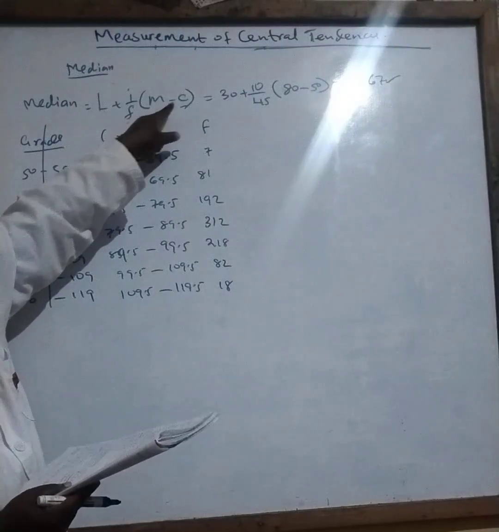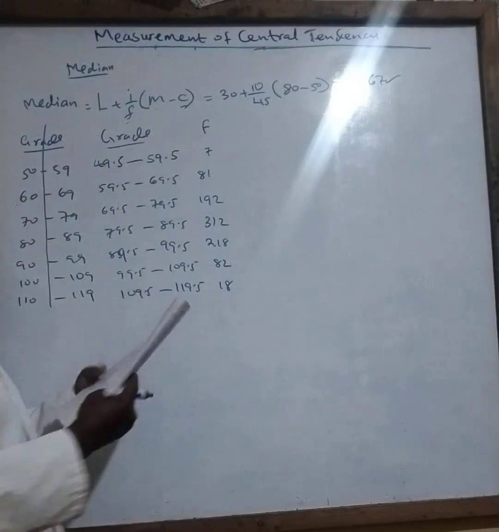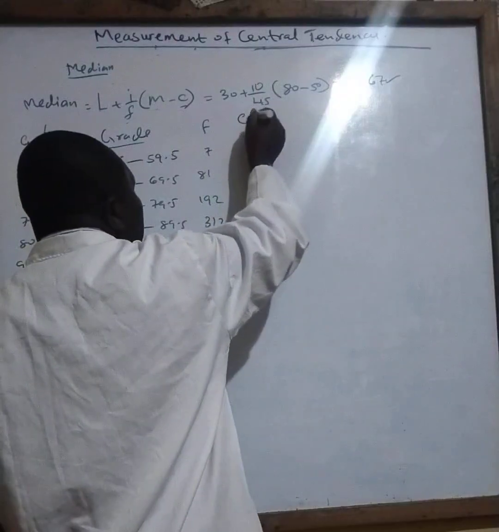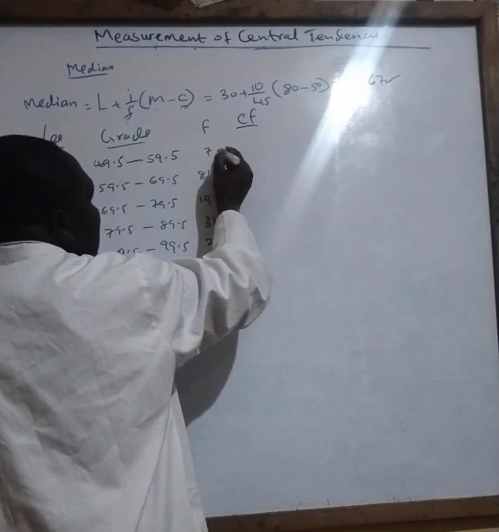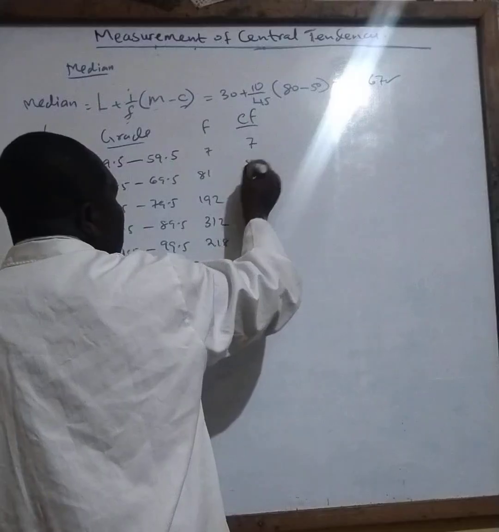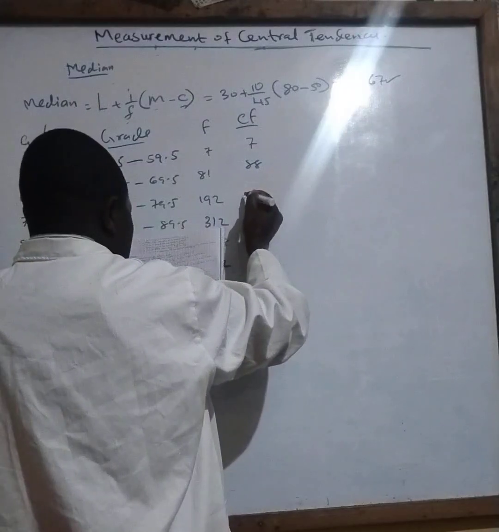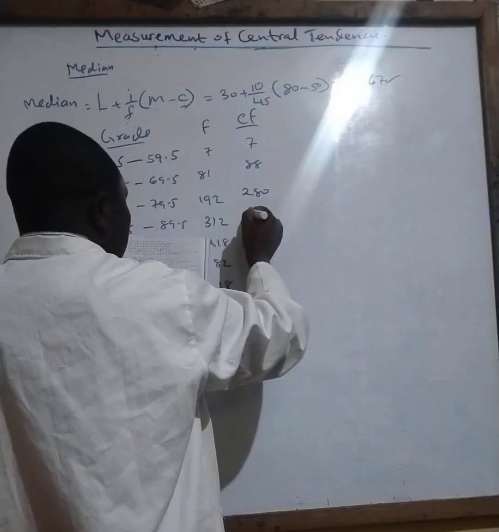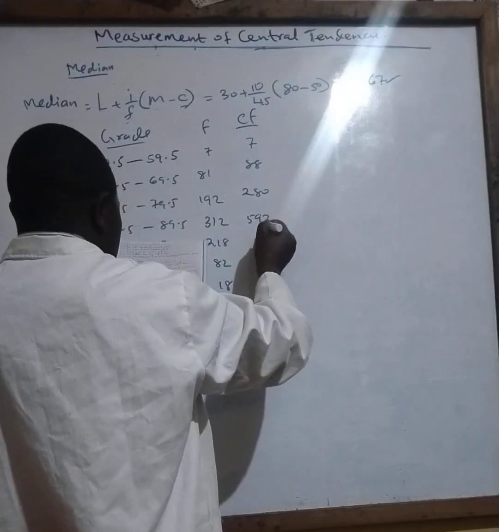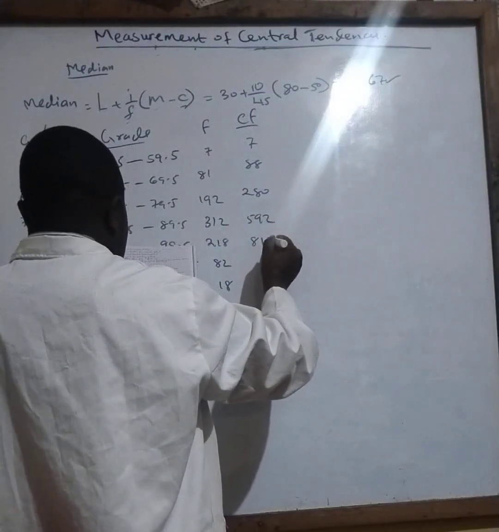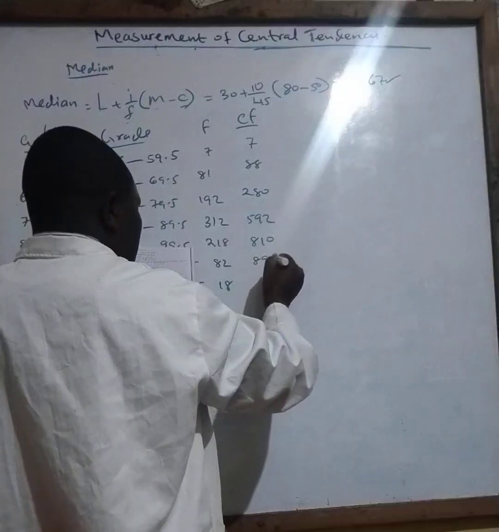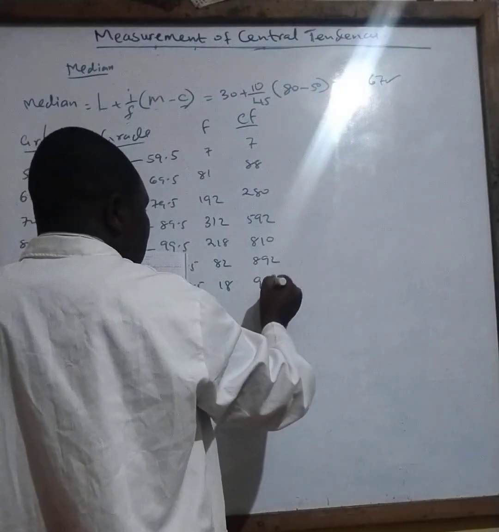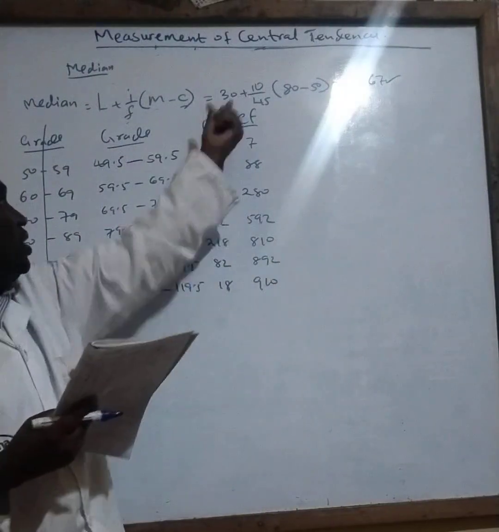But before the middle item, I need the cumulative frequency. So I will bring in the cumulative frequency: 7 plus 81 is 88, plus 192 is 280, plus 312 is 592, plus 218 is 810, plus 82 is 892, plus 18 is 910. So I have the cumulative frequency.